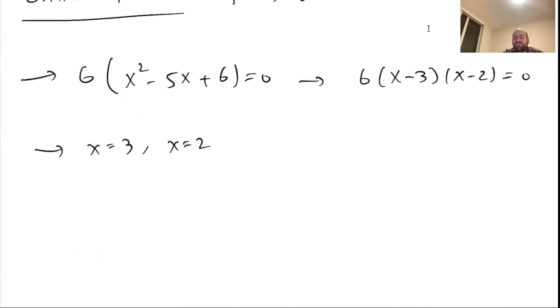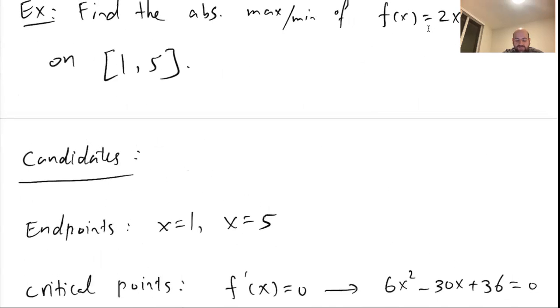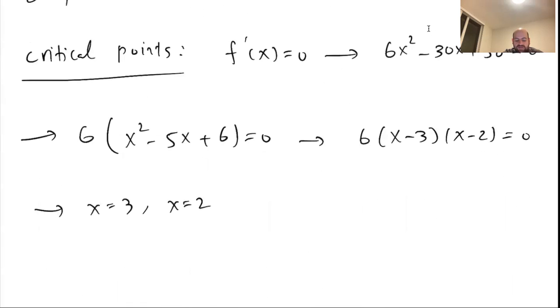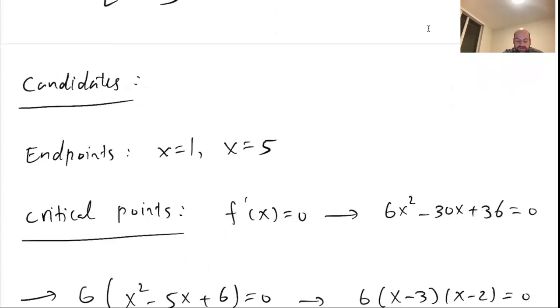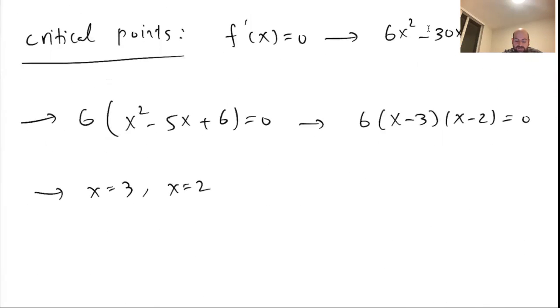So what I was saying was that the critical points must be inside the interval. So the interval here is 1 to 5. So let's say if another critical point I had, for example, 6. If I had 6 as a critical point, I should reject it, because 6 is not inside 1 to 5. So we only accept critical points which are inside our interval.